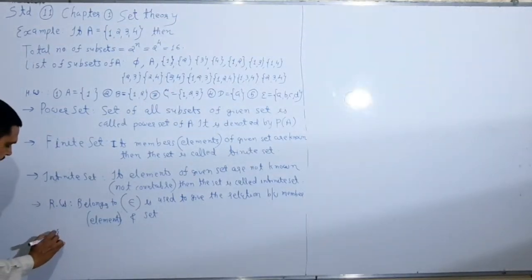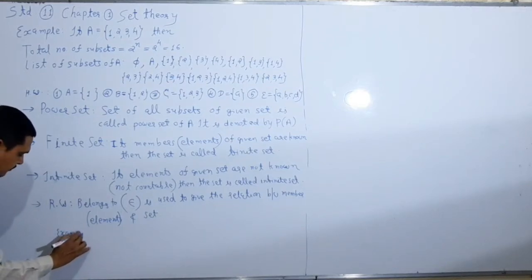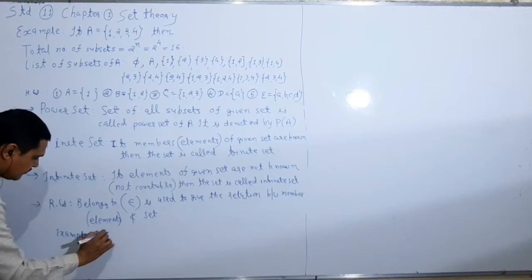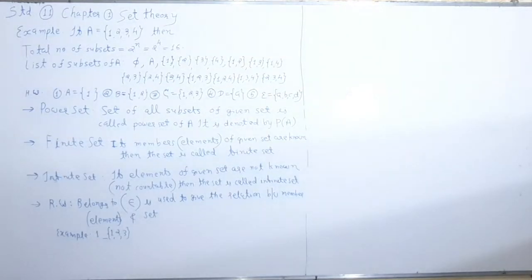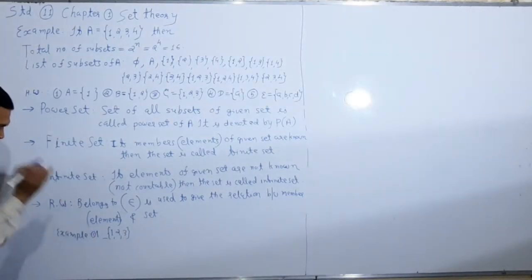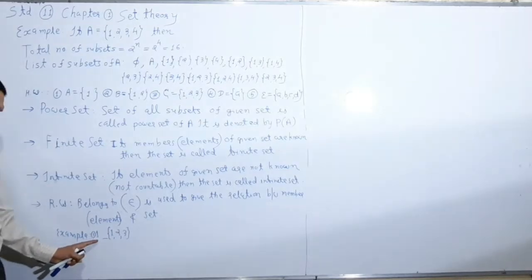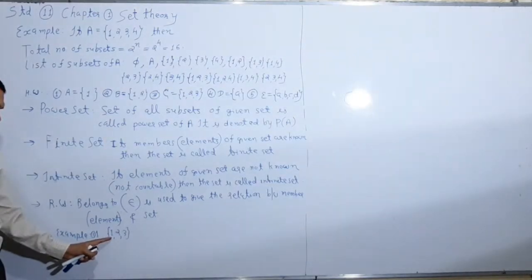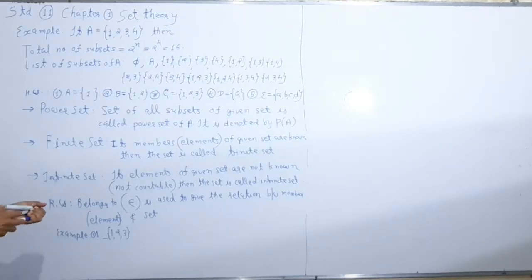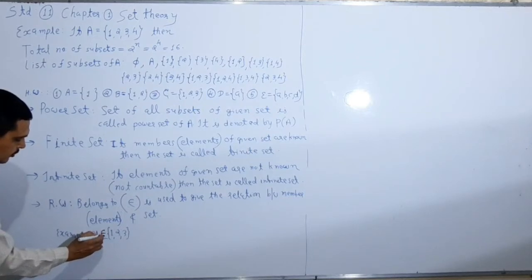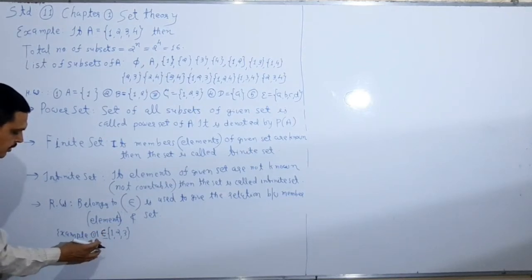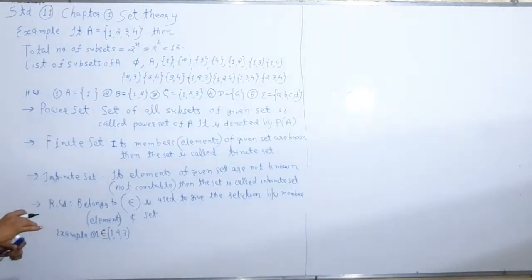As an example, if this type of fill in the blanks is given, then here 1 is a member or element of this set, so we have to put belongs to for the relation of member and set.